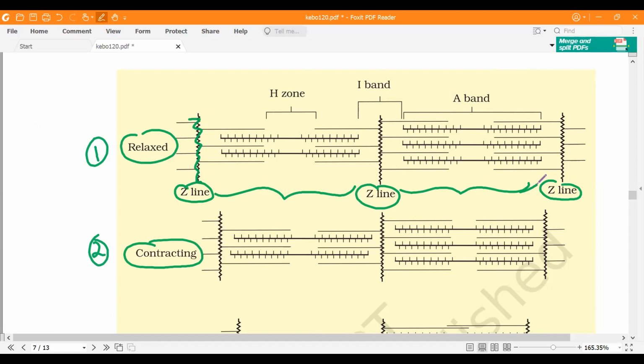Now this light line is the I band, and this darker line is the A band. Got it, beta? Yes, sir.